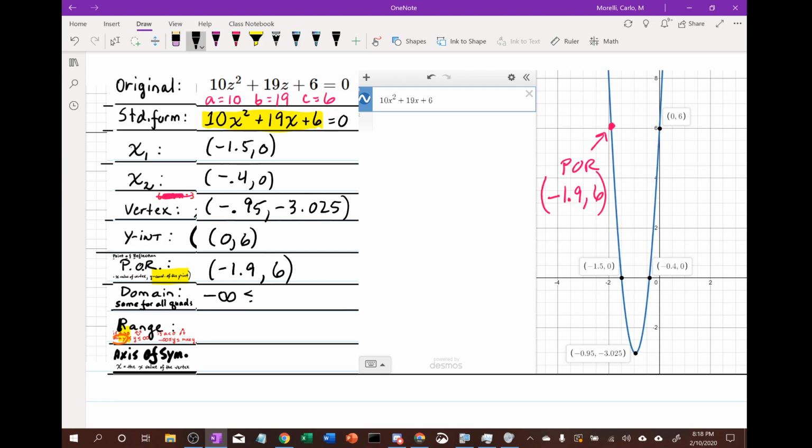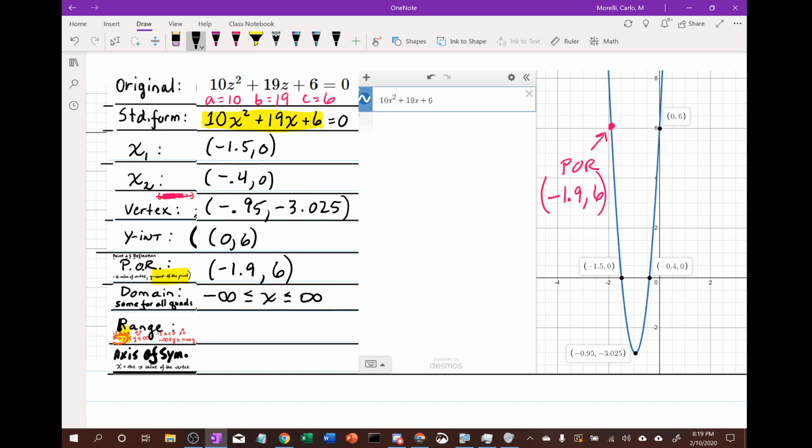Needs to be less than or equal to some letter. What letter goes with domain? X. And then it's less than or equal to. No. It's all real numbers. So negative infinity all the way to positive. Okay. So the domain is negative infinity to positive infinity, or all real numbers.